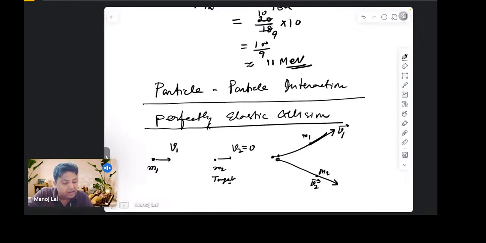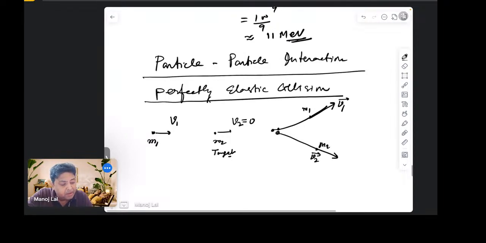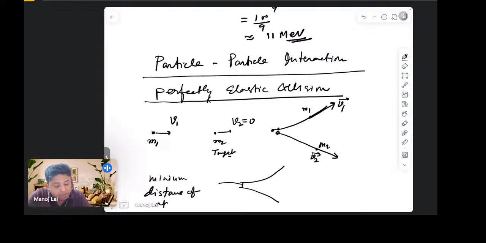If I draw a little magnified diagram, one is going like that and two is going like this. So this is the minimum distance between them, that is the minimum distance of approach. And then one particle is going in this direction, other is going in this direction.